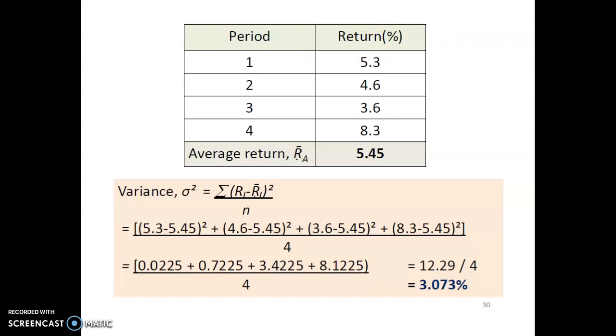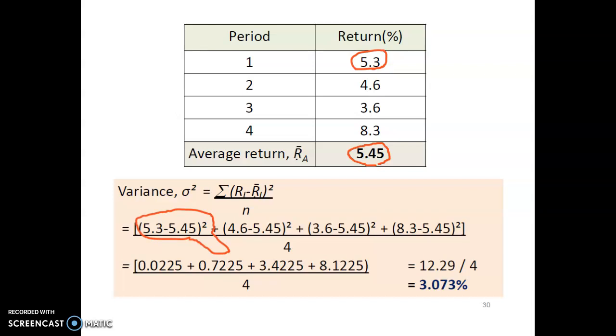As I said, variance is the gap between the expected return or average return and your real return. So this is your average return, this is your return, and you want to find the gap. So that's why you find it like this.